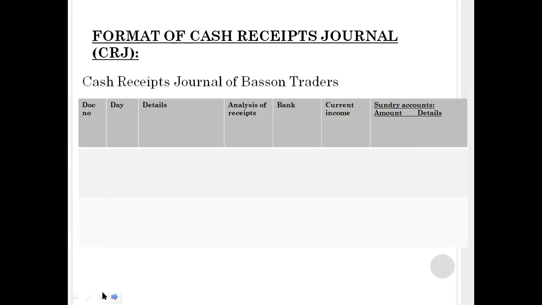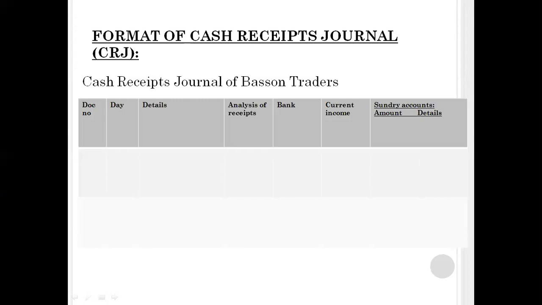Now again, because this is one of the things that you guys struggle with: how do the analysis of receipts and bank columns work? Analysis of receipts is like the safe of the business. Every time cash money comes into the business, they put that cash money in the safe, and at the end of the day they take it to the bank.